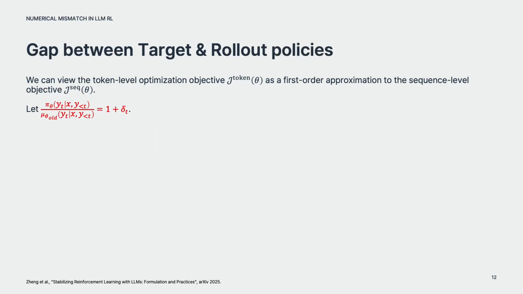However, most importantly, this theoretical justification for approximating the sequence-level objective with a token-level one holds under the assumption that the mismatch should be small.